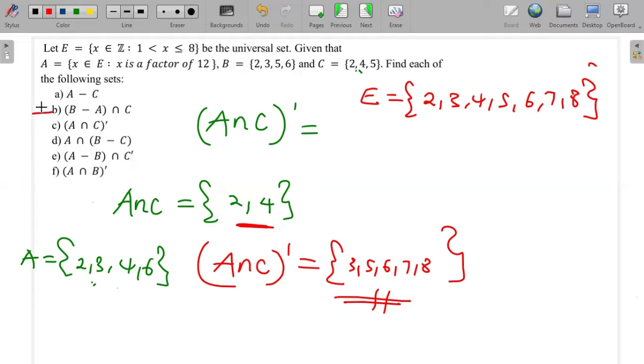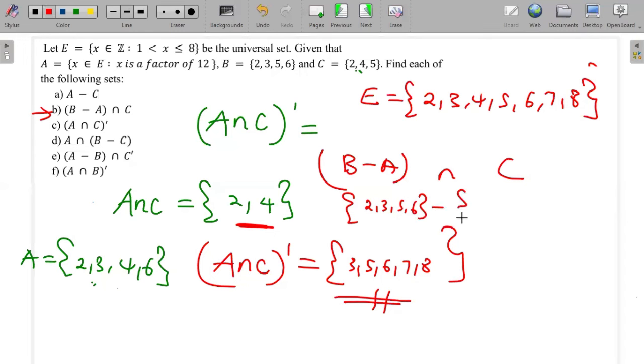You're saying this question here on B. Yes, the same one. For set A, we had 2, 3, 4, and 6. Then for set B, we have 2, 3, 5, and 6. Then minus set A. Set A had what? 2, 3, 4, and 6. And then we're intersecting this with C.